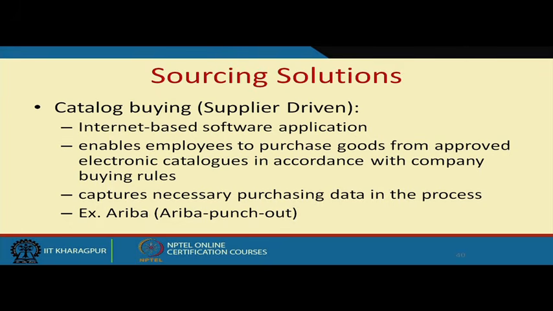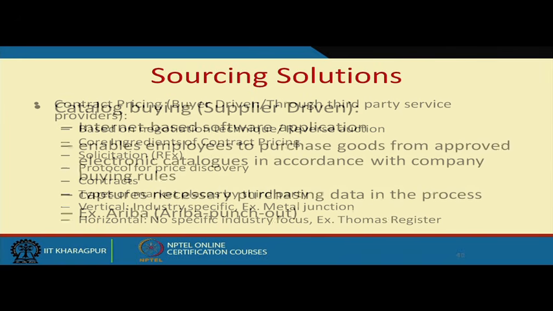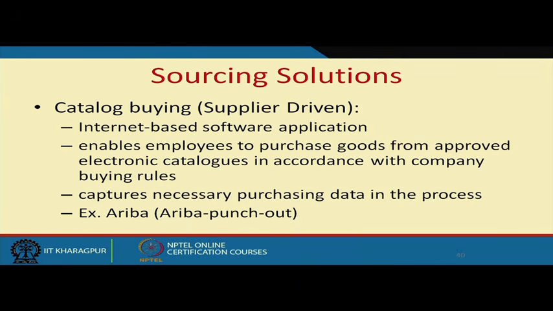Then we come to the sourcing solution. As I was telling you, there are two kinds of sourcing solution: either catalog buying or contract pricing. The first one that we are going to discuss is catalog buying. In catalog buying, it is a supplier driven activity, whereas contract pricing is a buyer driven activity.